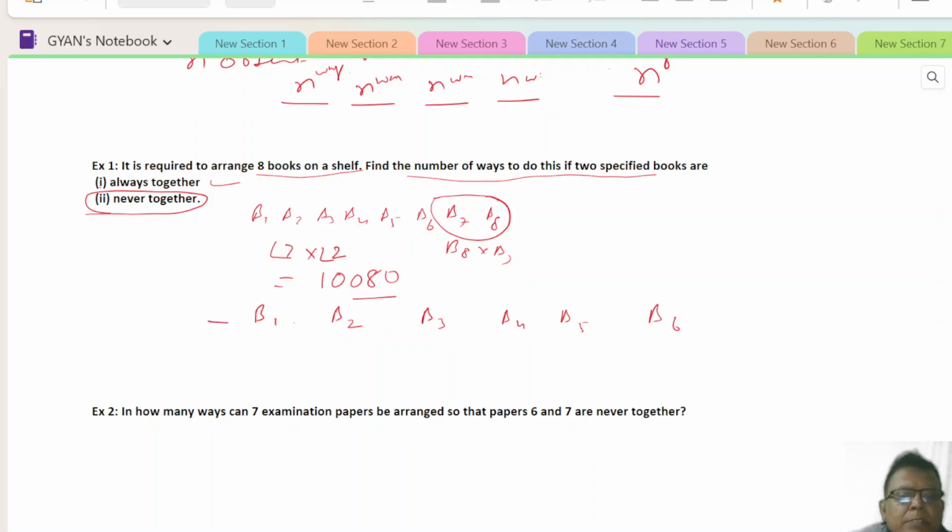And how many spaces are there in between? 1, 2, 3, 4, 5, 6, 7. If we keep B7 and B8 in between, then it will be never together. So B7 and B8, 7 places are there and 2 books are there. So how can it be kept?